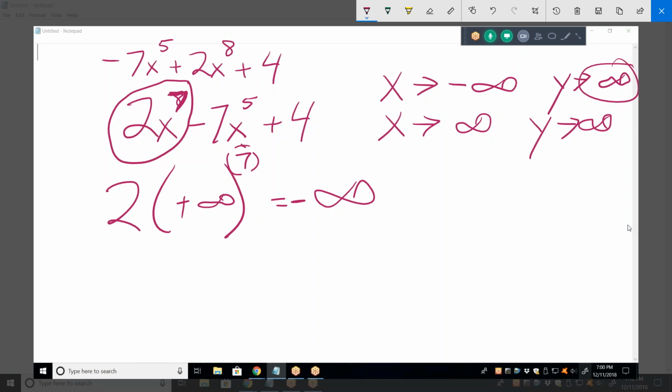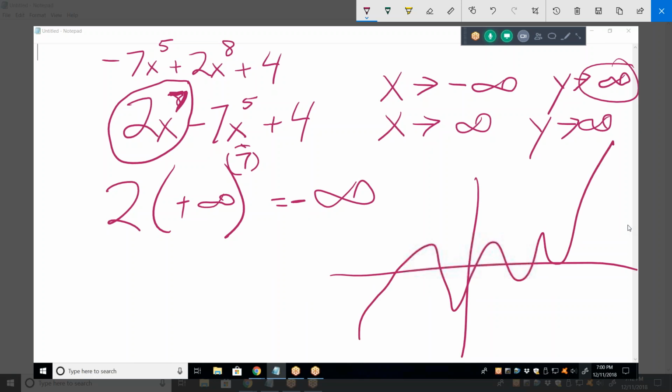So the graph with the 7 and the 5 is going to look something like this. It's going to start from negative infinity as we go towards negative infinity on the x-axis, and it's going to end up going towards positive infinity as we go that way on the x-axis.